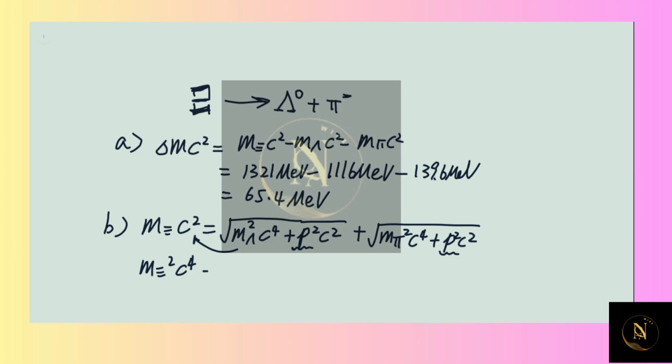We can rearrange it and square both sides. If we square both sides, we are going to have c to the fourth, I move this to the left and again I am going to have plus mass squared c to the fourth plus p squared c squared, minus 2 times c squared times energy of lambda equals mass of pi squared c to the fourth plus p squared c squared, and the p squared c squared cancels.